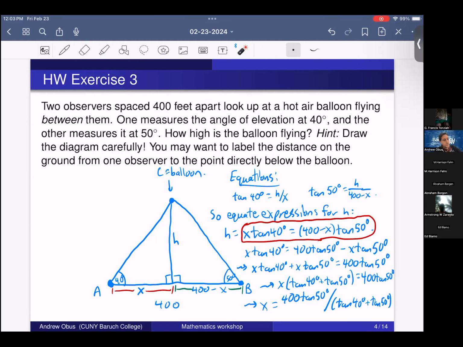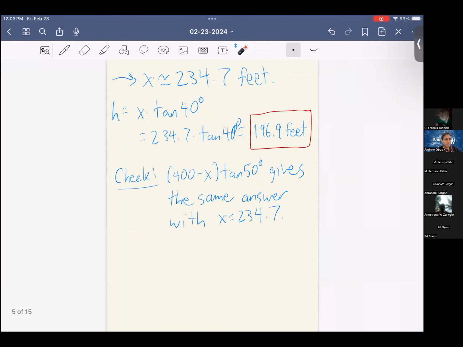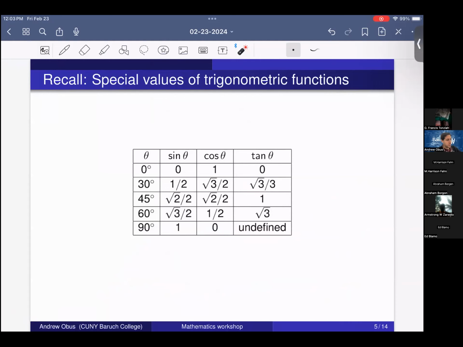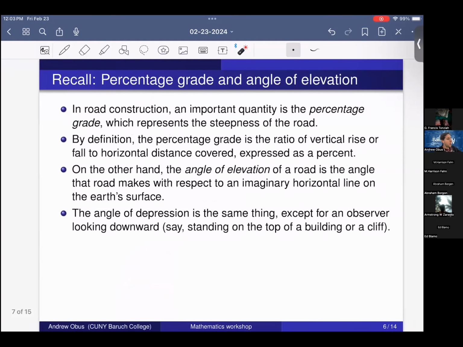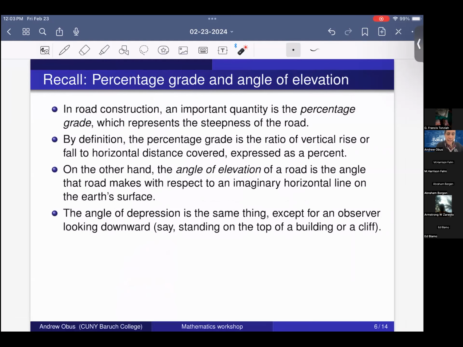Okay, great. All right, so let's go on to what we're going to talk about today. This is just the review of the special values. We don't need this right now. So let me just recall this angle of elevation again. Remember, we have this percentage grade that we did a couple of examples about last time. We're not really going to talk about it today, but let me just redraw this picture.